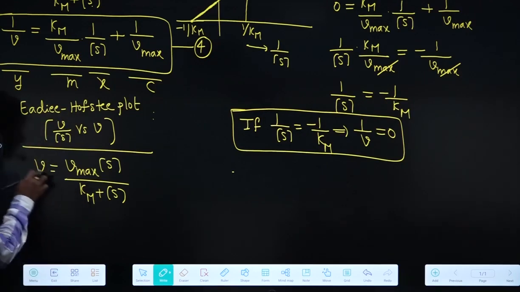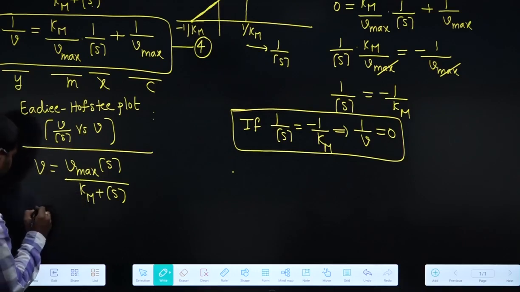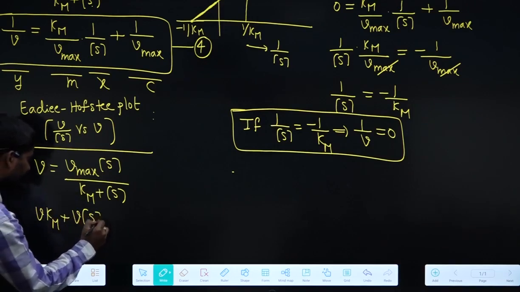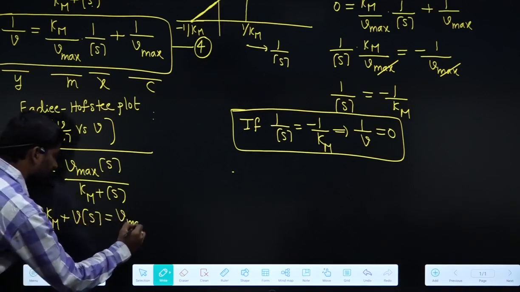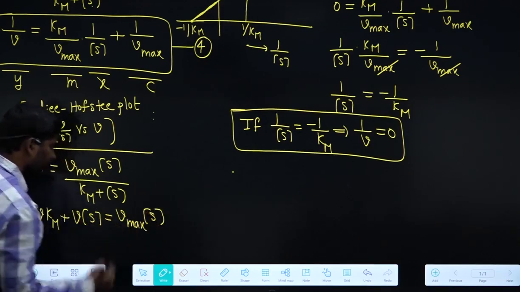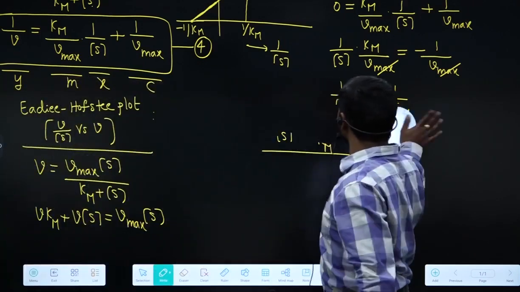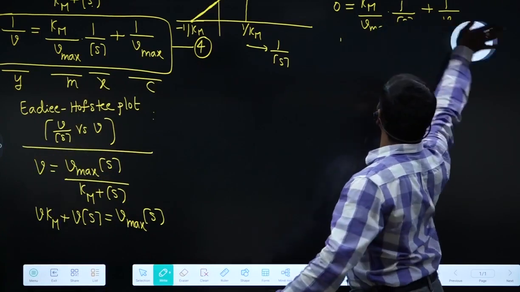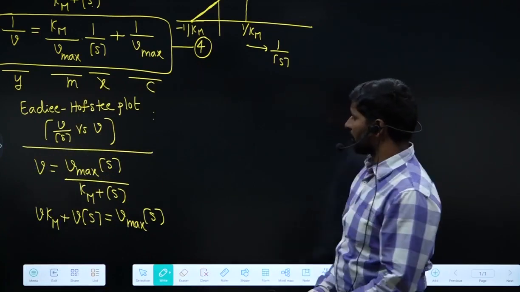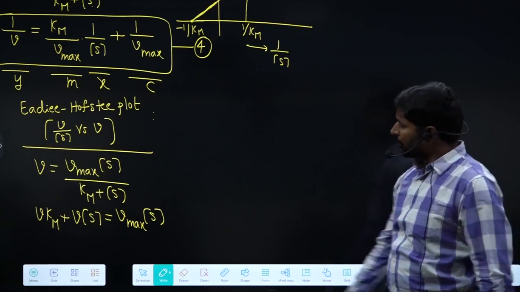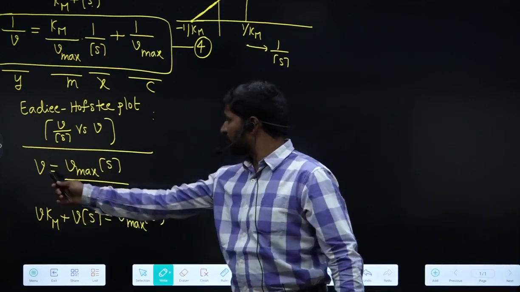So if you multiply this, V into Km, V Km plus V into S, Vs, that is equal to V max into concentration of S. Simple multiplication.